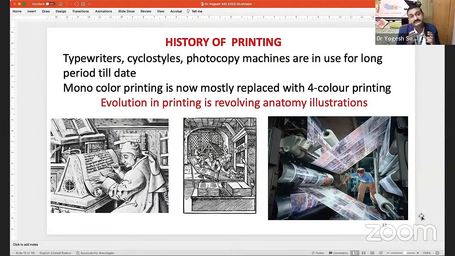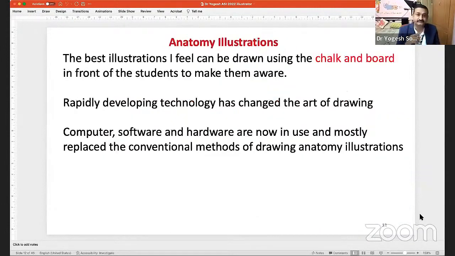Initially, the artist used to write for a newspaper or a book, and that had a huge demand in Europe and other countries. Then the printing media came, the wooden prints came. After that, the iron media came. And nowadays a huge quantity of offset print machines are available, and Delhi and Bangalore are the two Indian cities which are the hub for printing.